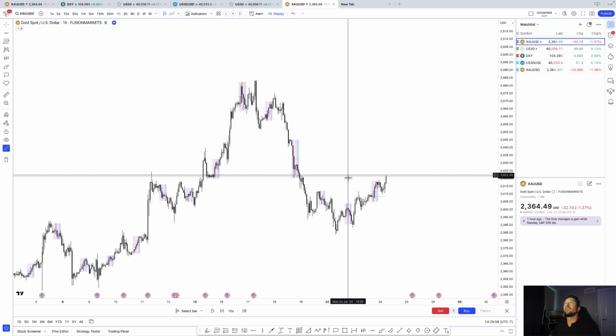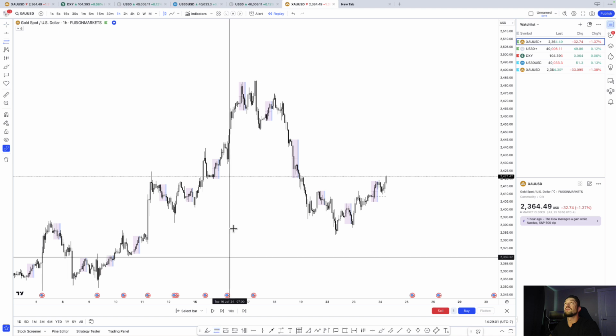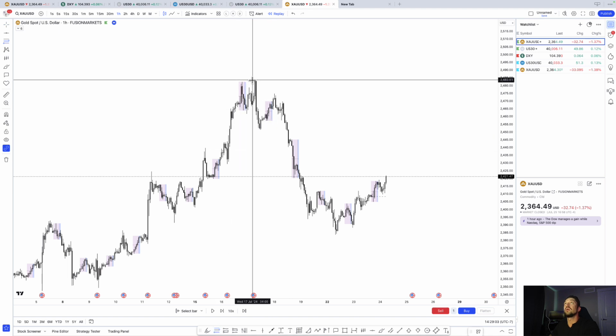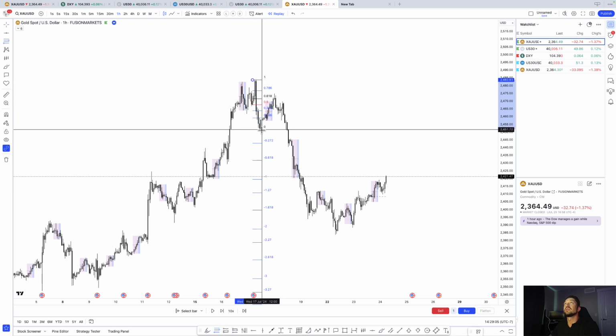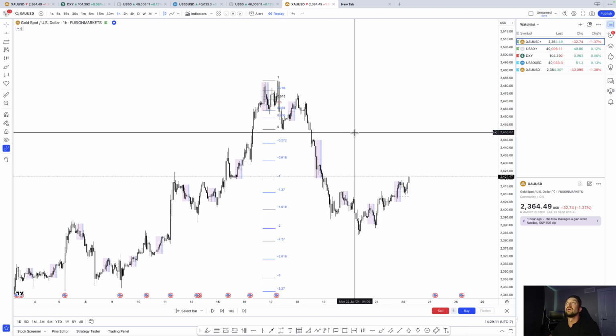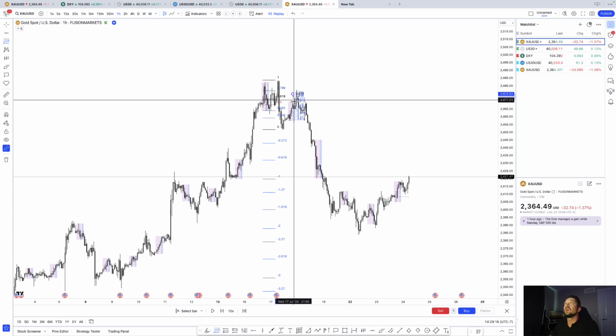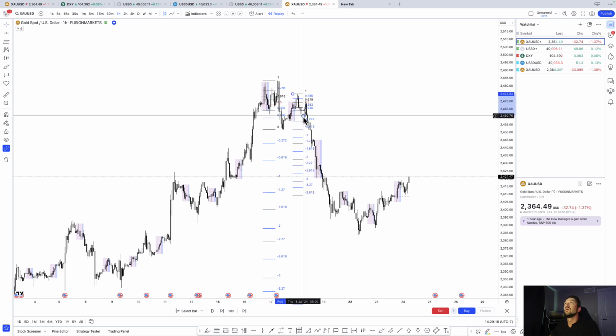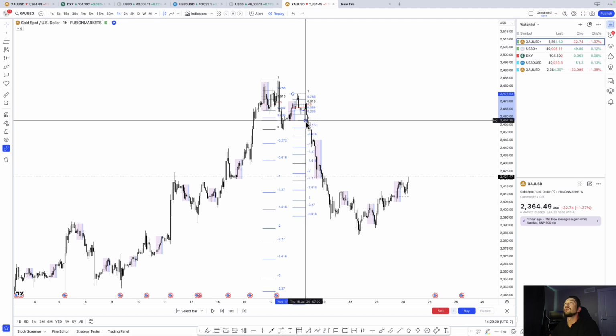So there's a couple ways to do this. The first is we measure this reaction. That's the initial reaction. The second reaction I'm going to measure is the mitigation, which would be here, and you would almost go to here.